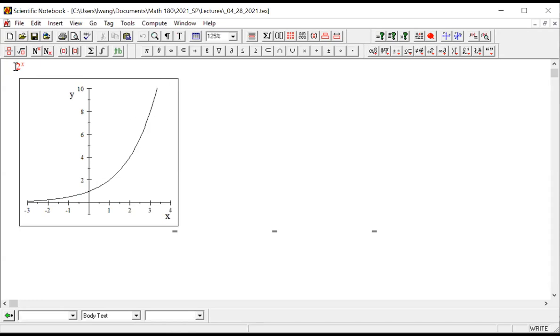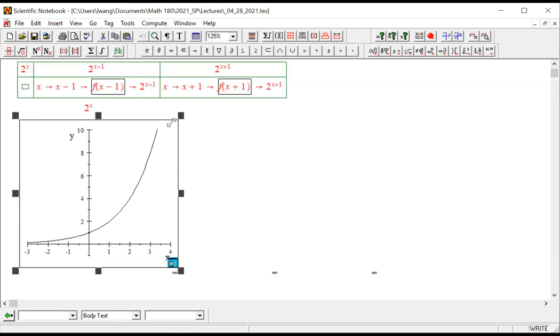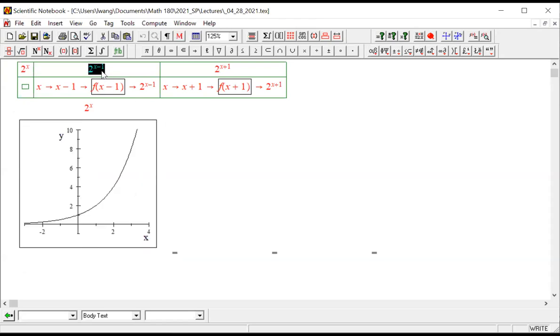How is this shifted? When we deal with these other functions, 2 to the power x minus 1 and 2 to the power x plus 1, the exponents, the input. 2 to the power of x minus 1 goes to the right.